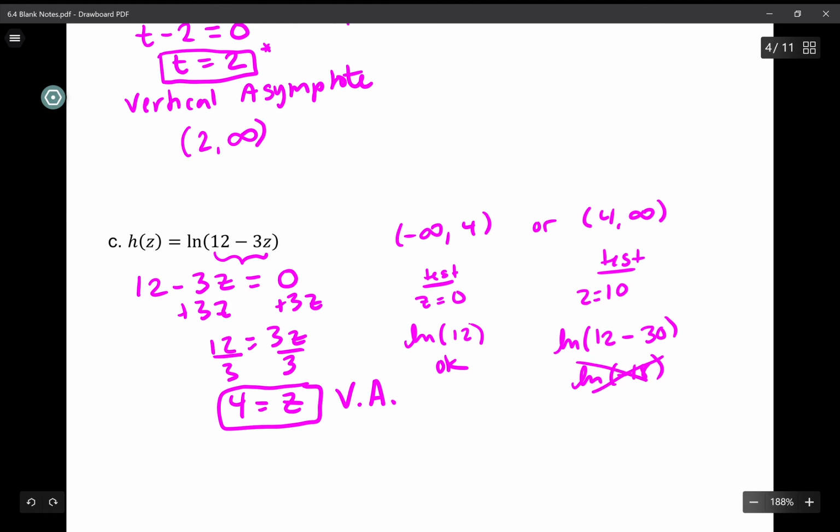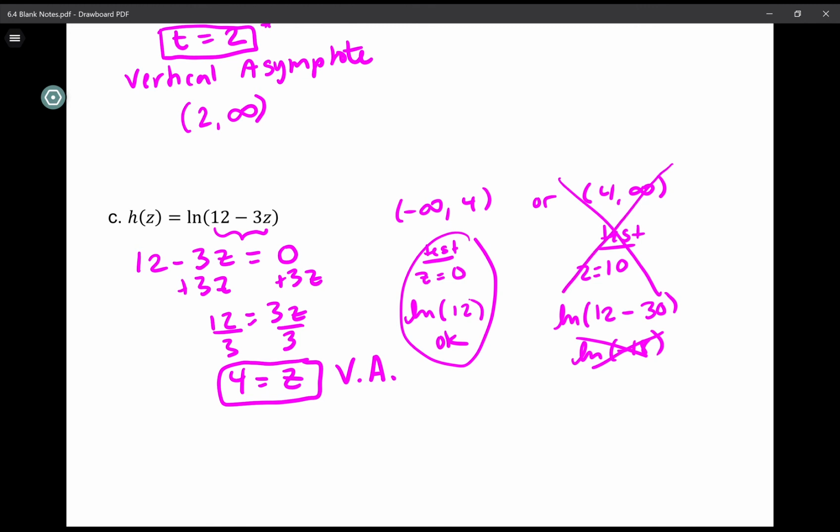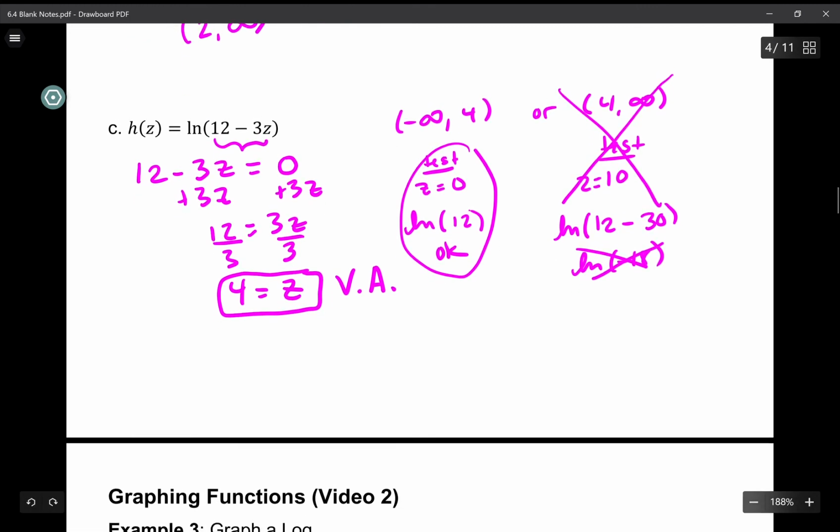This is just to help support what you know about graph transformations. You should know that since there's a negative in there, it's going to be reflected across the y-axis. But if you're not 100% sure, our cutoff point is where the vertical asymptote occurs. You can just test a value either way, which one produces okay values and which one doesn't. So that one's not right, and our domain must be negative infinity to 4. All right, so that's the first video.